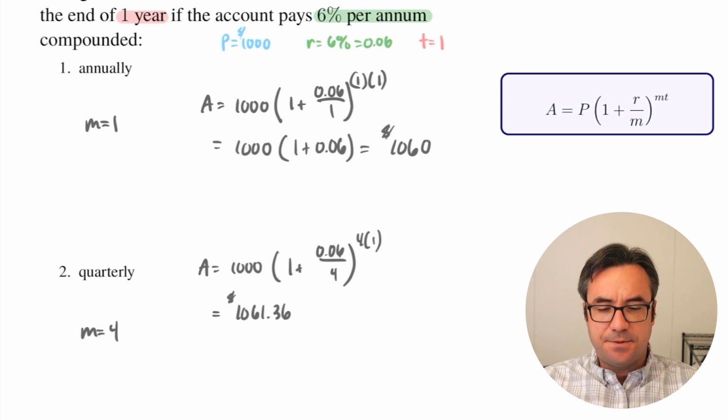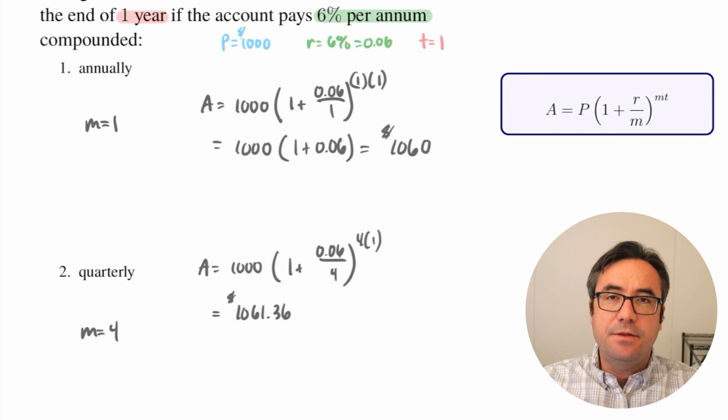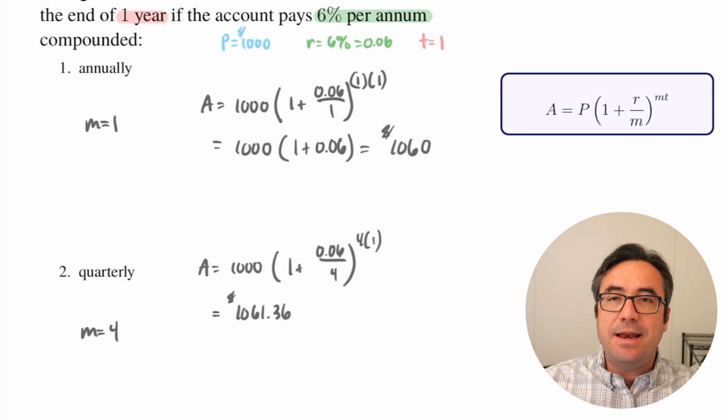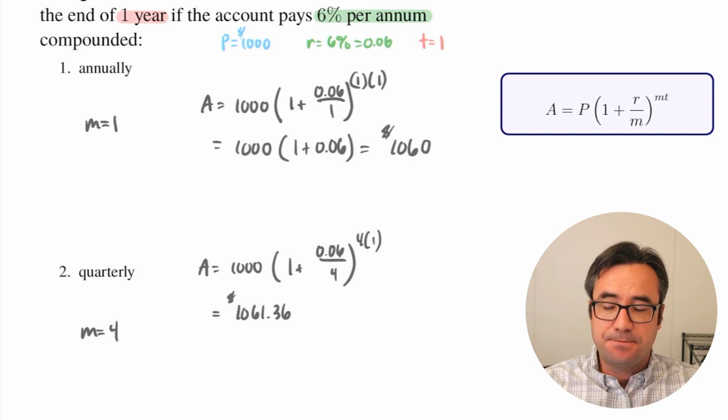So what's the difference? Well, the bank waited until the end of the year to pay us any interest with annual compounding. So we didn't get that interest payment until the end. That interest didn't have a chance then during the course of the year to start earning any of its own interest.